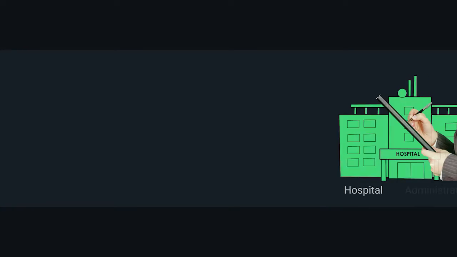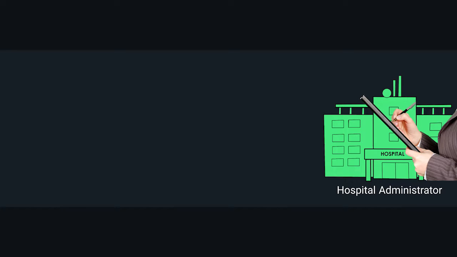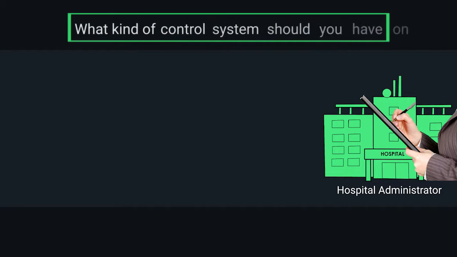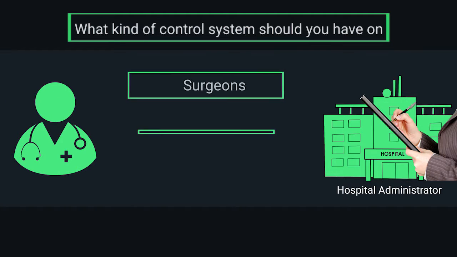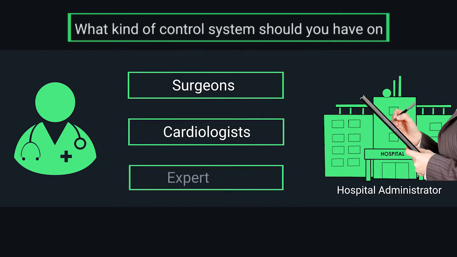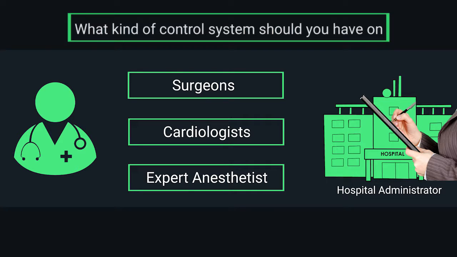But in the same hospital, think of an operations theatre. In the operations theatre, you will have very high end surgeons coming in. Now, looking at it from a hospital administrator's perspective, what kind of control system would you have on these high end surgeons, the cardiologists, or maybe somebody who is an expert anesthetist?